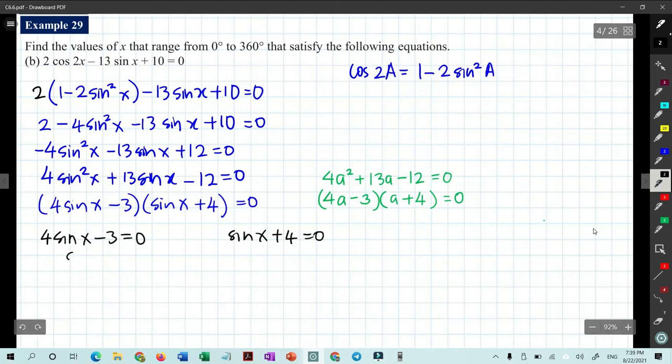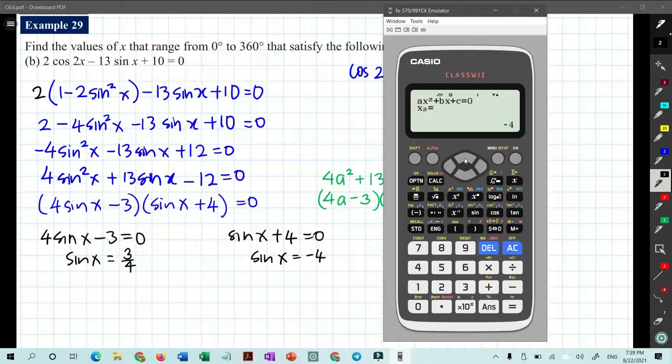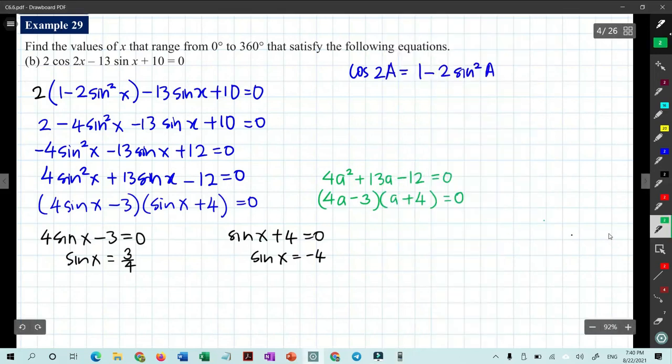And if you solve this, you get sine x equals to 3 over 4, and sine x equals to negative 4. Okay, so if you still remember, these are the two solutions that we get from our calculator, 3 over 4 and negative 4. For sine and cosine, the range of the values must be negative 1 to 1. So in this case negative 4 already exceeded the range, so therefore there is no solution for this part.